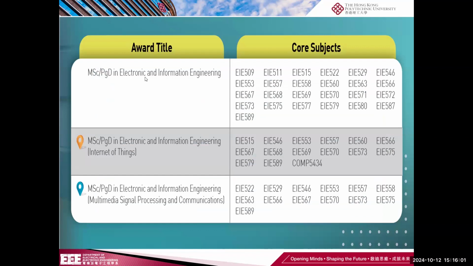Then in the EIE, this is with this specialism, and this is with this specialism. You can see we have the core subjects here, this one and this one. That means we provide a sufficient number of core subjects to allow you to finish your program to get your degree, the MSc in EIE.